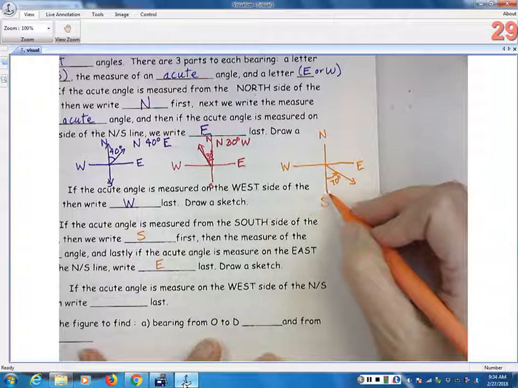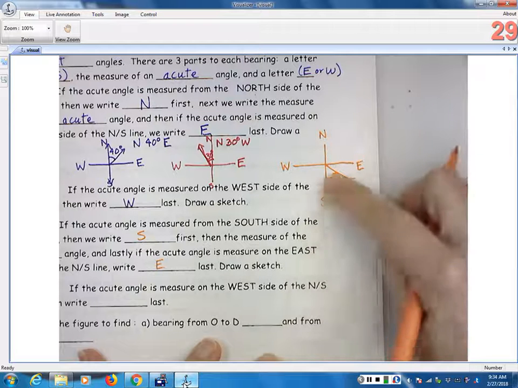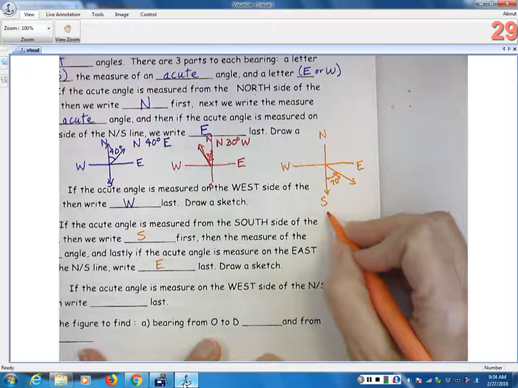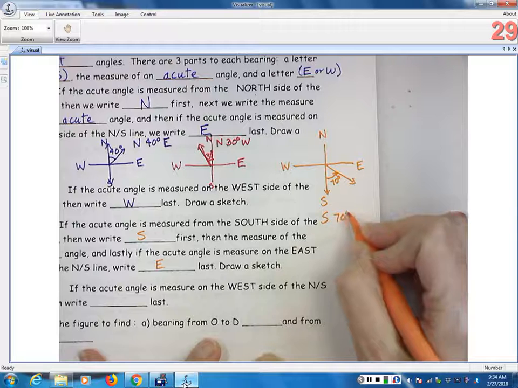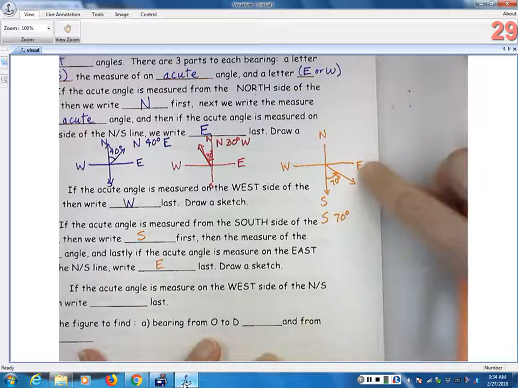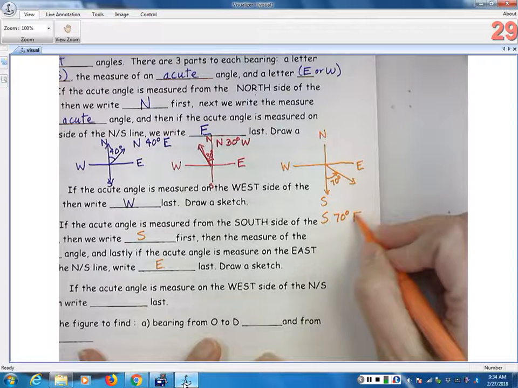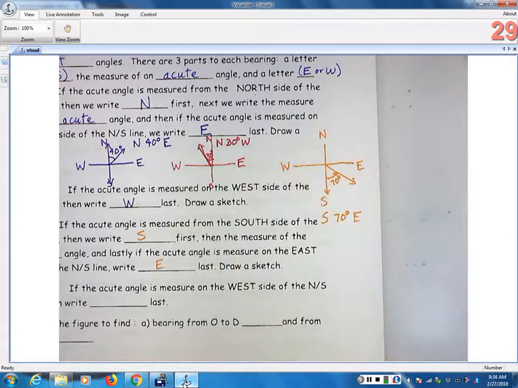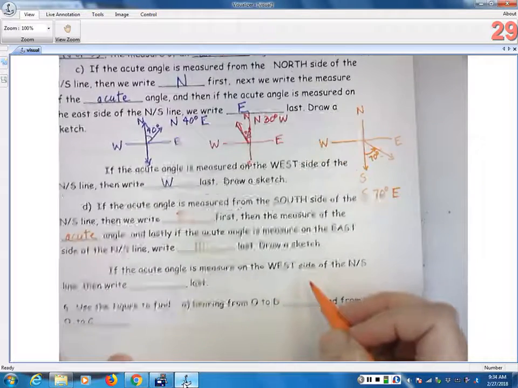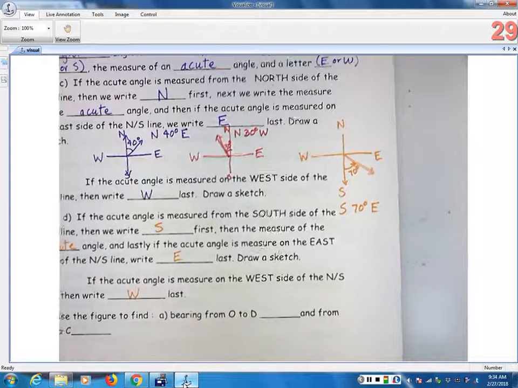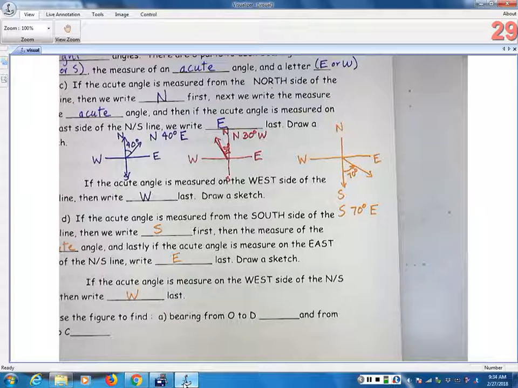Because this is the south side, we do south 70 degrees, and then because it's toward the east, we do east. If it was on this side, we would do west. And then if the acute angle is measured on the west side of the north-south line, we write west last. So, another example.